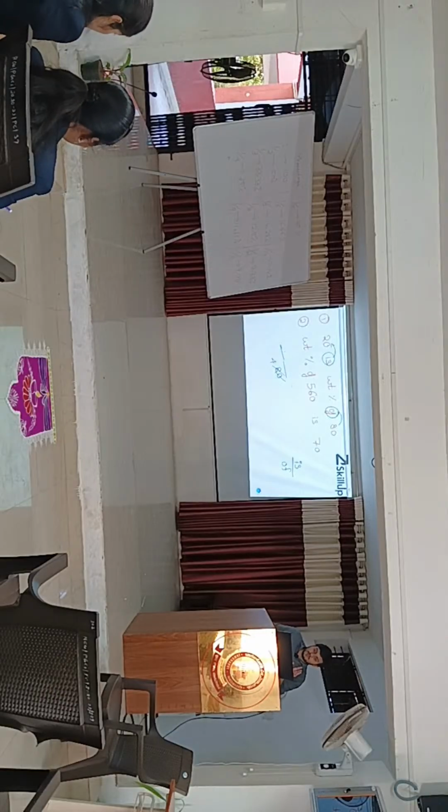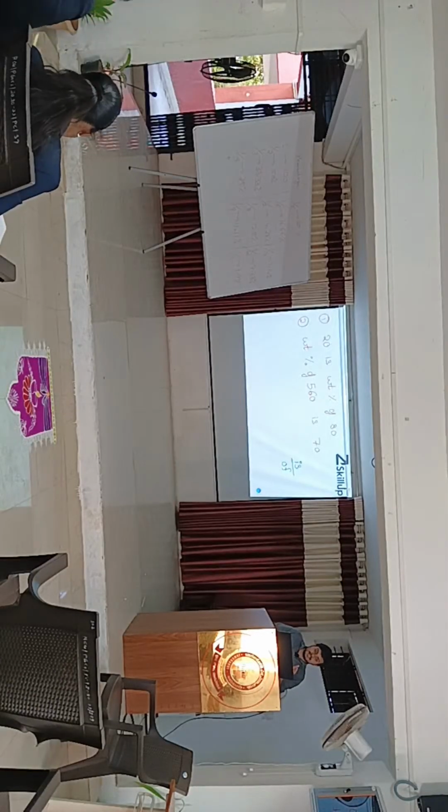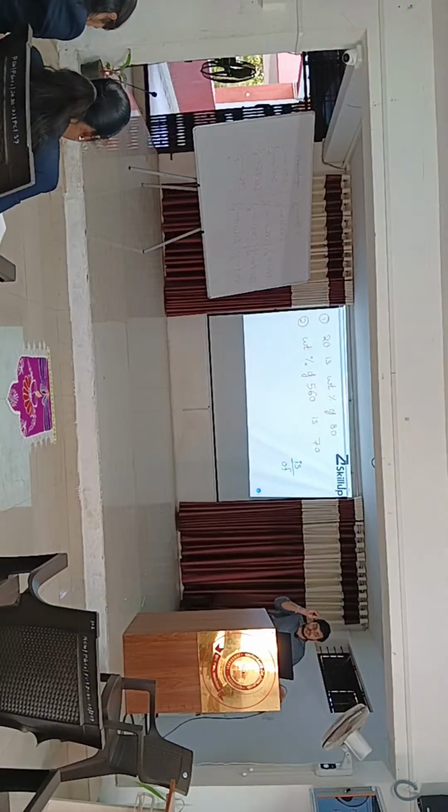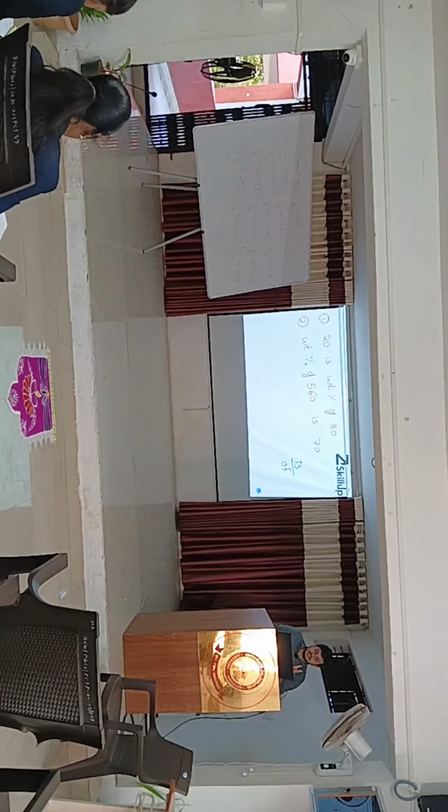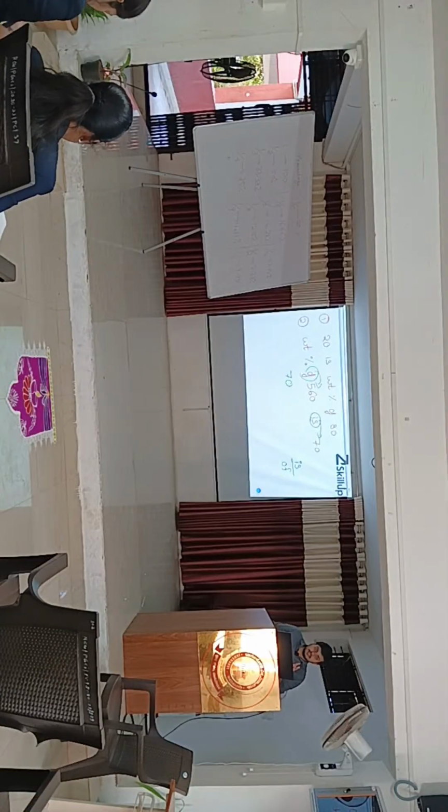Similarly, solve the second one. The concept is very simple: is by of. What is is? That is your numerator. What is of? That is your denominator. In the second question, is is 70, of is 560. 70 by 560.